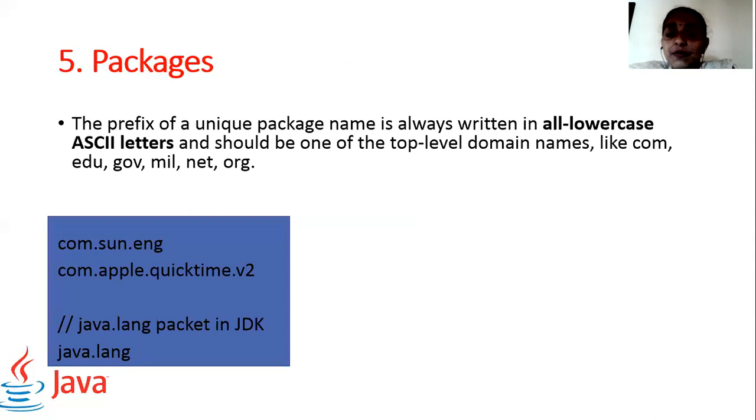The next is packages. Packages should always be written in lowercase ASCII letters. It should be one of the top level domain names like com, edu, gov, org, etc. I've written a package over here, com.sun.eng, java.lang, language package. All these should be in small letters.